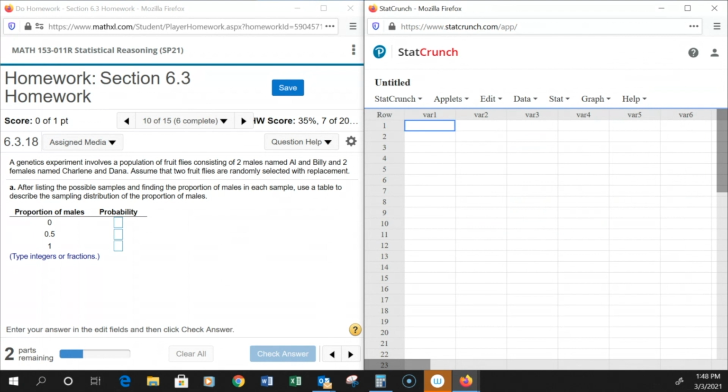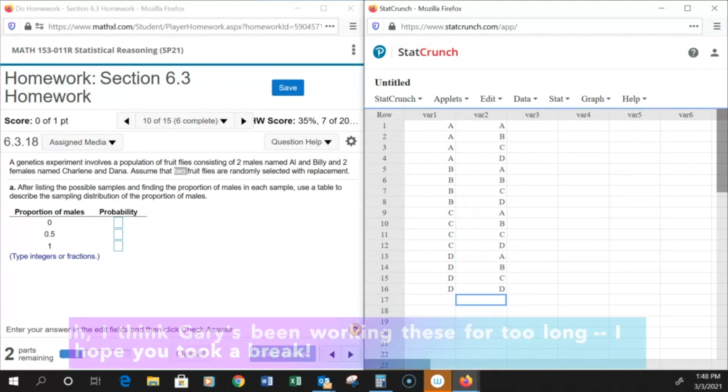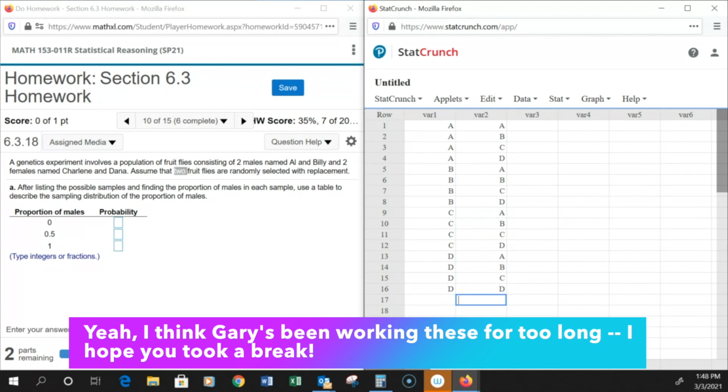If there are 4 possibilities and we want 2 fruit flies randomly selected, then I'm going to have to go 4 times for Al, 4 times for Billy, 4 times for Charlene, 4 times for Dana, and then I need to cycle through them. A, B, C, D, A, B, C, D, and so on.